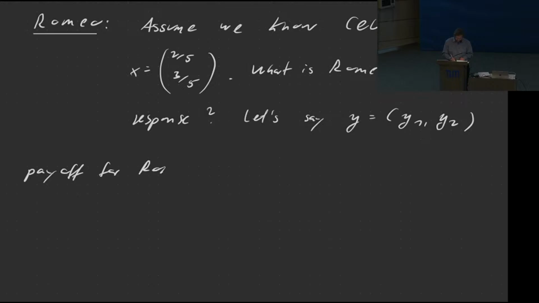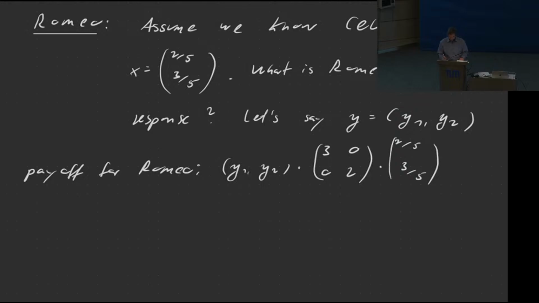Then let's compute the payoff for Romeo. Well, there will then be Y1, Y2 times Romeo's payoff matrix. Romeo's payoff matrix is this here, 3, 0, 0, 2, times, and we know Celia's strategy already. Celia plays 2/5 and 3/5. So that's the payoff. And we can just do the computations here.